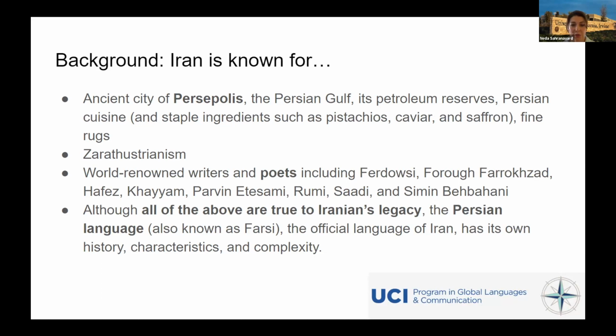All of the above is true about Iranian legacy, but what I'm sharing today focuses on Persian as it is adopting and adapting English and changing. The language is changing based on English, and Persian or Farsi is the official language of Iran. Some people call it Persian, and some people call it Farsi, so both are the same.